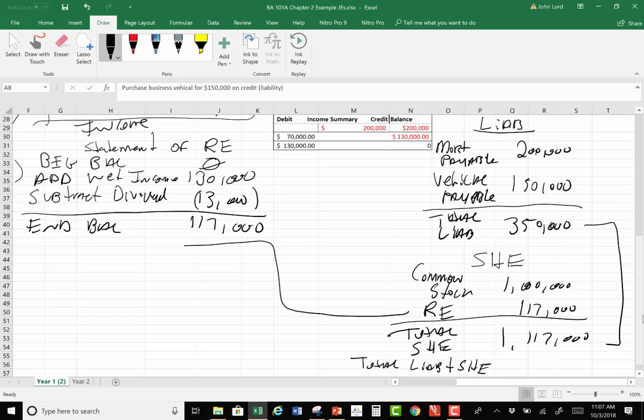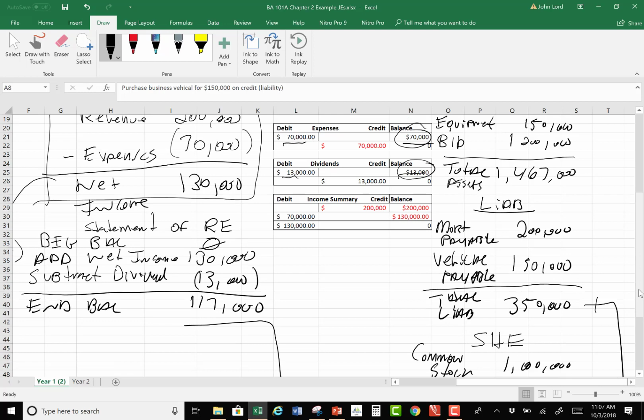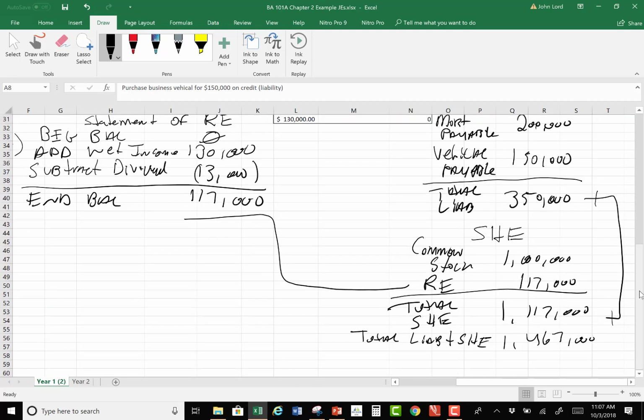Total liabilities plus stockholders' equity, if I do the math, should be what? 350 plus 1,117,000 is how much? 1,467,000. So does the balance sheet balance? Isn't it beautiful? The balance sheet balances, doesn't it?